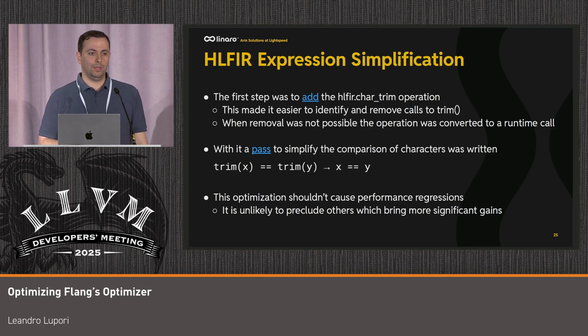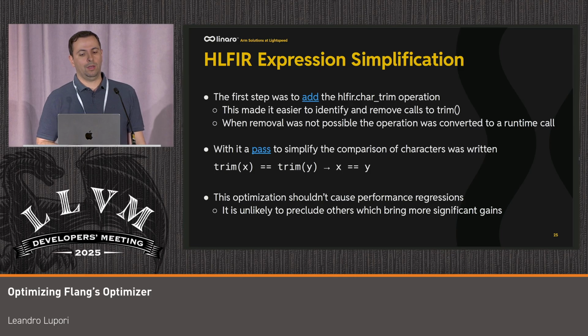To implement this expression simplification, the first step was to add a new HLFIR operation to represent a call to trim. This was because it made it easier to identify the call and also to remove it when possible. And when not possible, this operation was then converted to a runtime call that produces the same behavior as before.